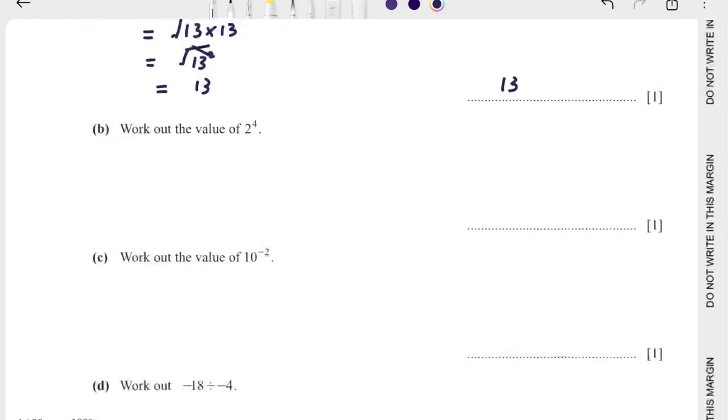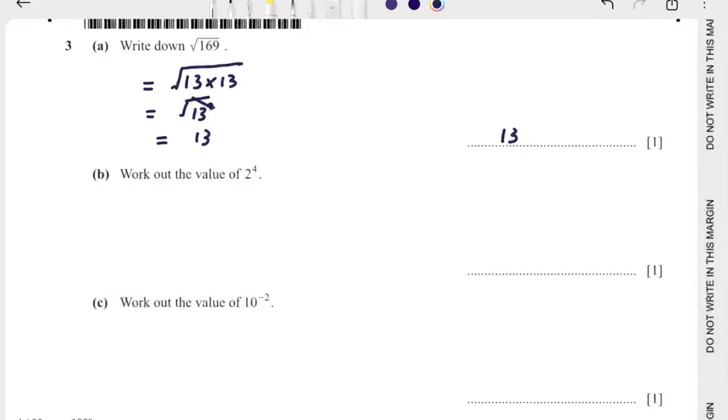Next part, work out the value of 2 raised to the power 4. So 2 raised to the power 4 can be written as 2 times 2 times 2 times 2. 2 times 2 is 4, 4 times 2 is 8 and 8 times 2 is equal to 16.